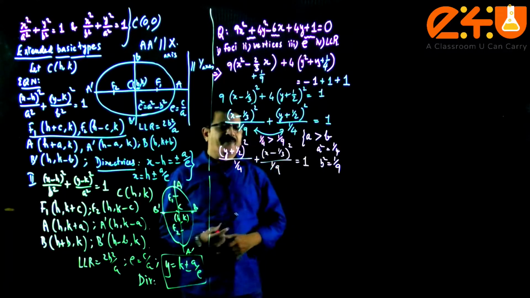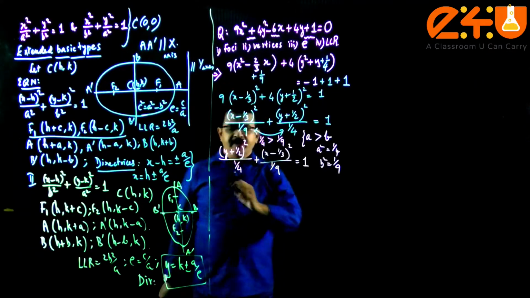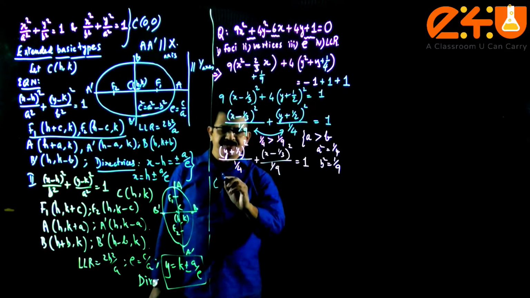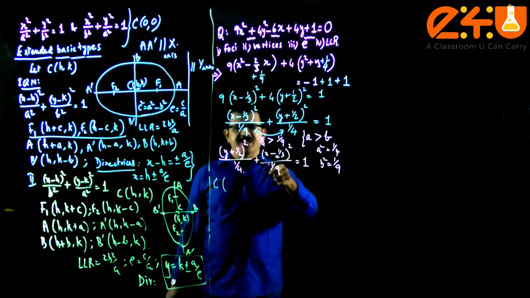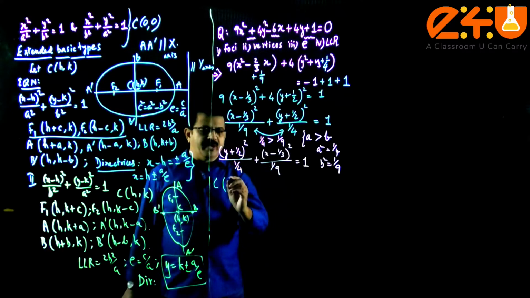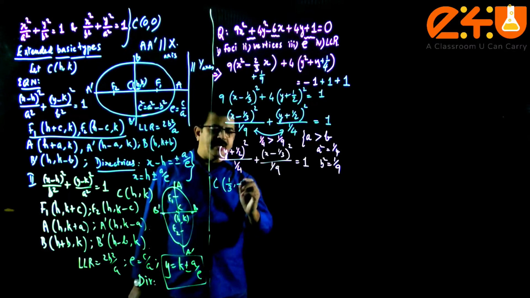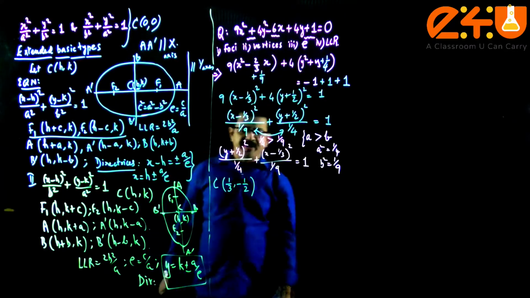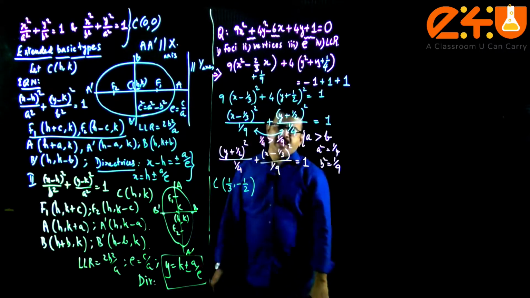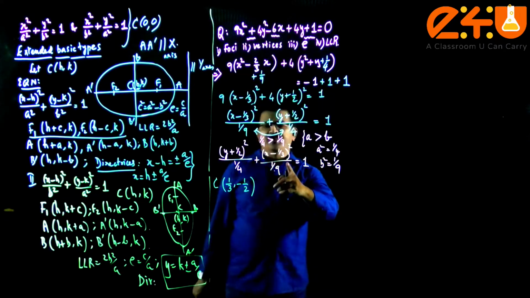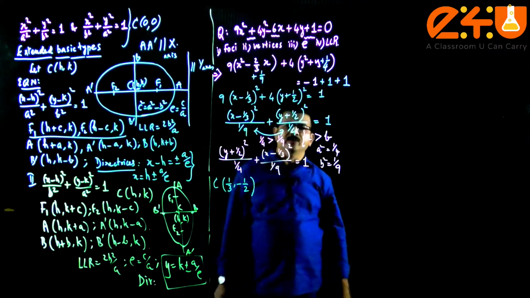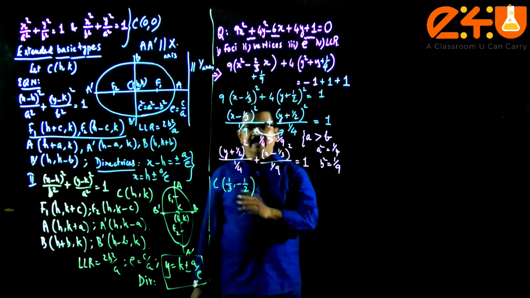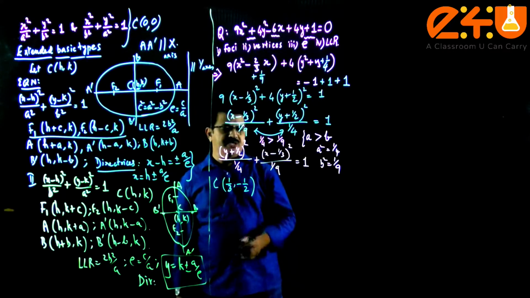Now we are in a position to answer the coordinates of the center. The first thing we come across is x − h, y − k. Comparing x − 1/3 with x − h and y + 1/2 with y − k, h is 1 by 3 and k is negative 1 by 2, so the center is (1/3, −1/2).